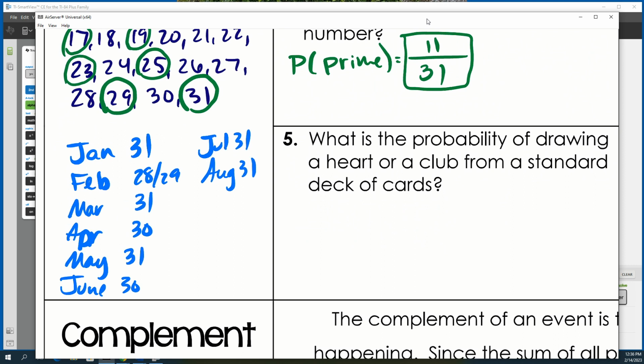August and July are the only ones back to back with 31. All right, so you might need that for multiple questions. How many days are in a month?